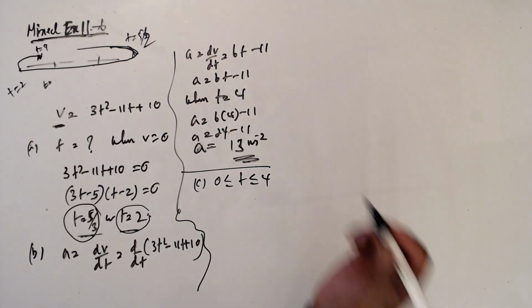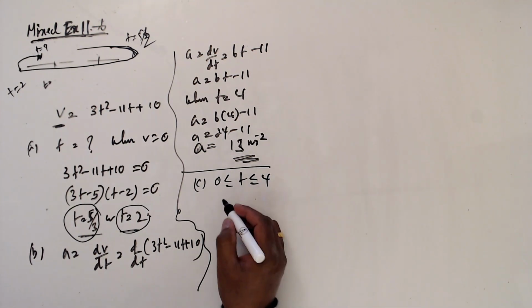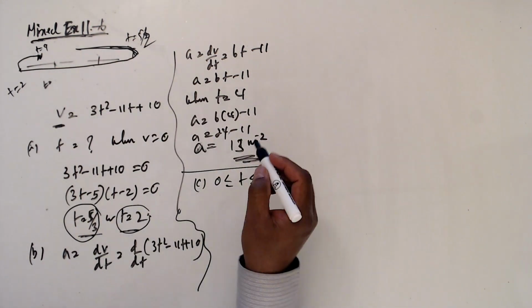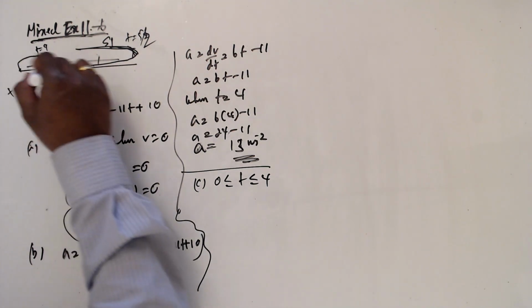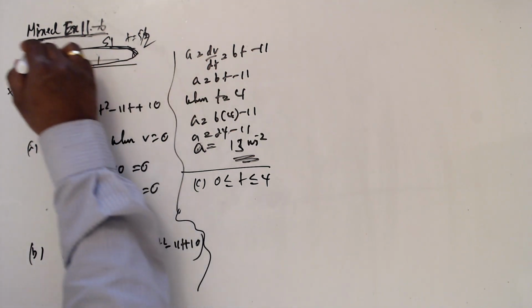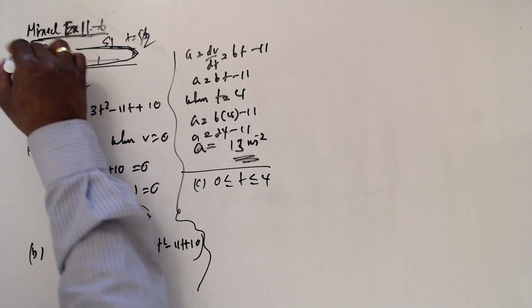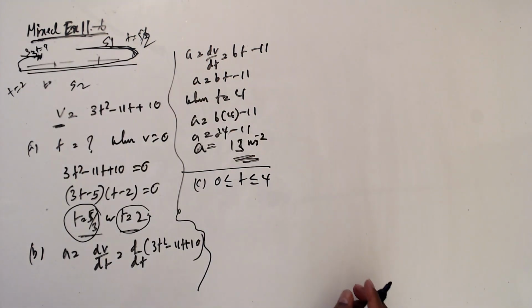So right, it has to journey from here to here. This is S1, and from here to here S2, and from here to here S3.